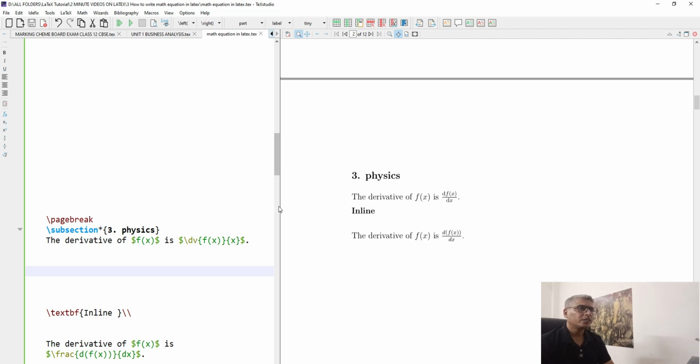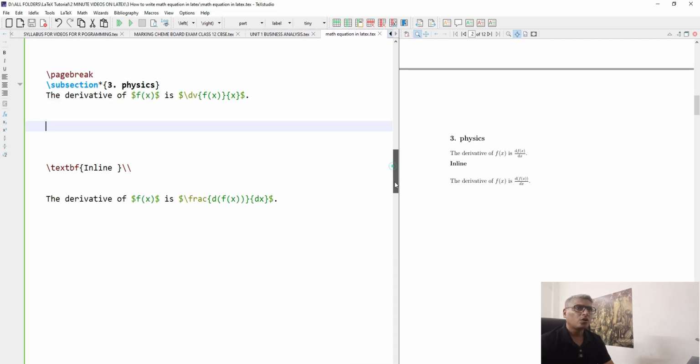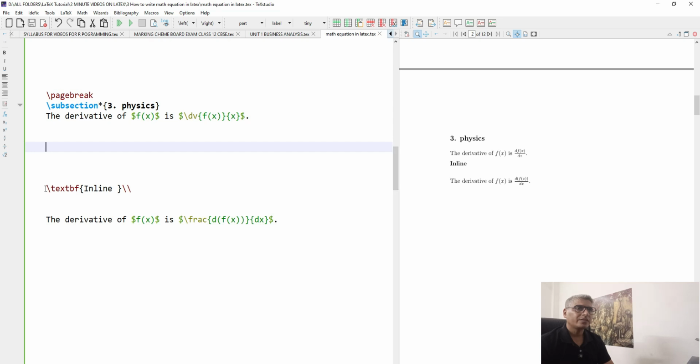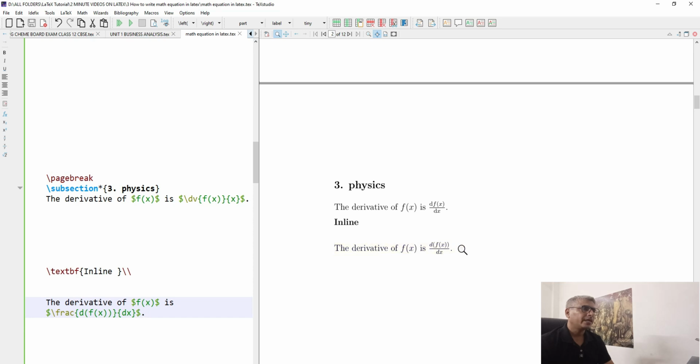However, we can also write this particular equation in the normal form, which is an inline form. The derivative of f(x) is $\frac{d f(x)}{dx}$. If we have to write a fraction, then we are using this fraction, d of f(x) upon dx. If we see the output here, we can see that this output and this output are the same.